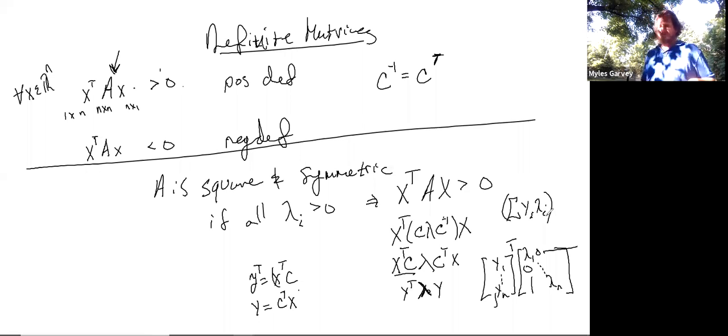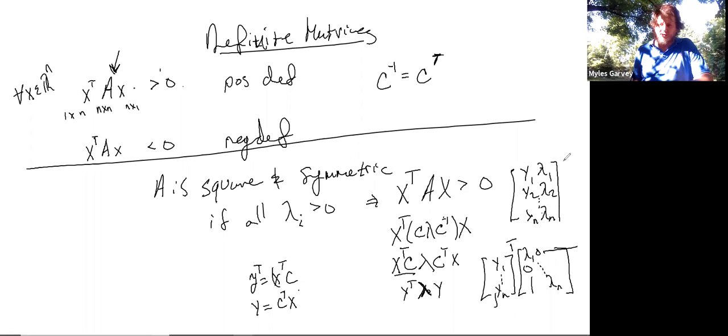And what you're going to end up getting there, I'm trying to think. Oh no, I got to be careful here. I'm sorry. You don't get that. You get the vector of y1 lambda 1, y2 lambda 2, up to yn lambda n.